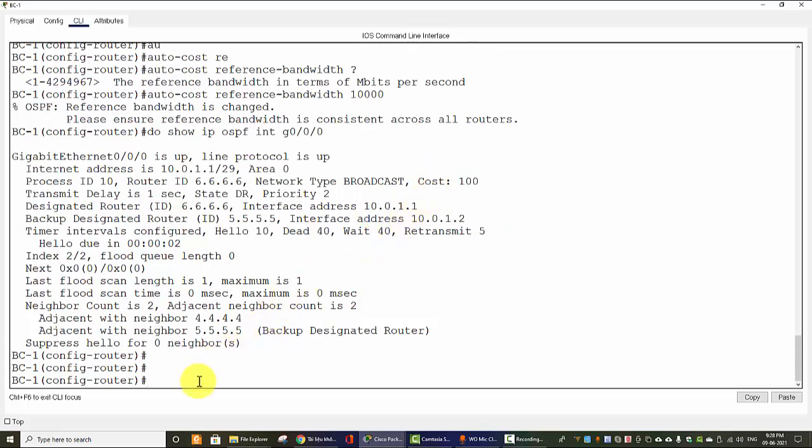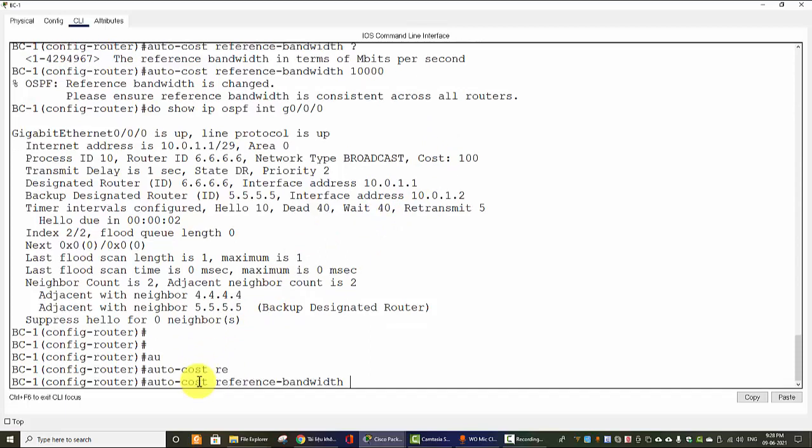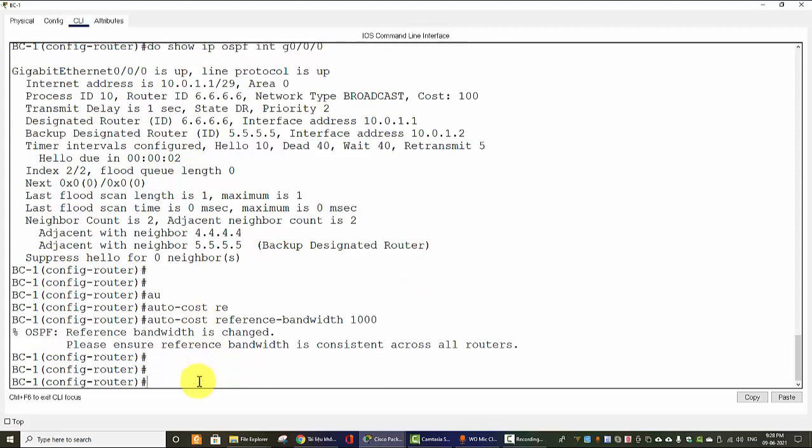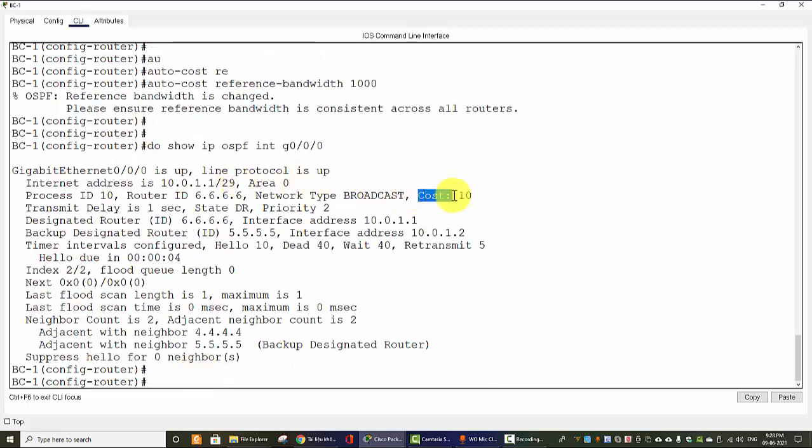There's something wrong here. So maybe I change the auto-cost reference bandwidth to 1,000 megabits, which means 1 gigabit, and do show IP OSPF interface 0/0/0 on BC1. The cost now is 10. So why is it 10? Something is wrong here.